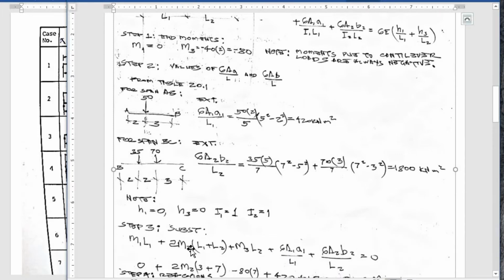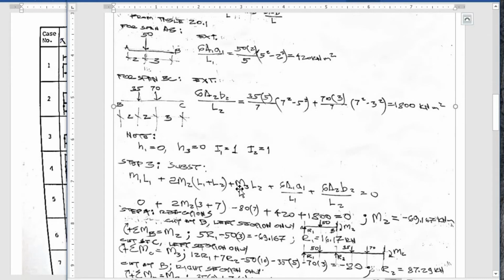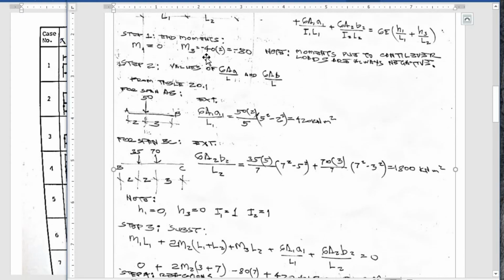Okay? Tapos, yung M2, that is the moment at the middle support. That is always unknown. Okay? Laging yan ang unang unknown, yung moment sa gitna. And then, M3, yan yung na-solve natin, which is negative 80.